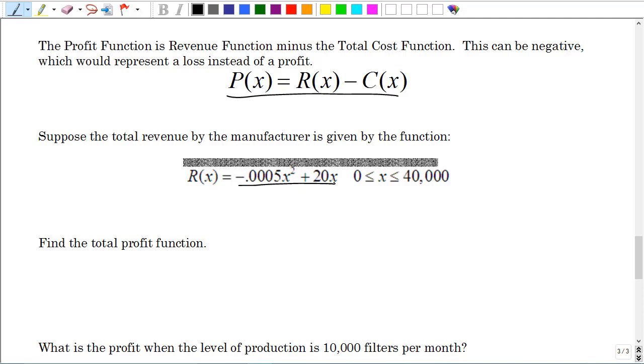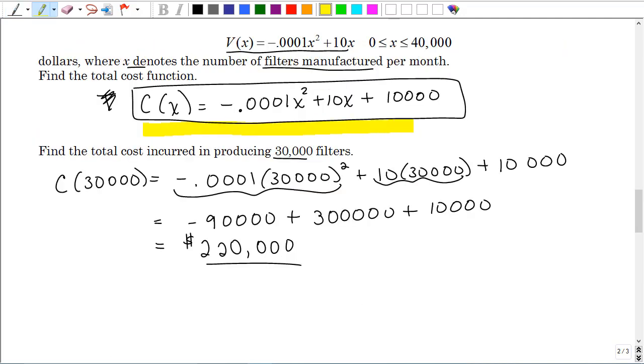So what's the total profit function? All right, so my profit function is my revenue minus my cost. What was my cost function? Remember, this was our cost function, so we want to subtract that.